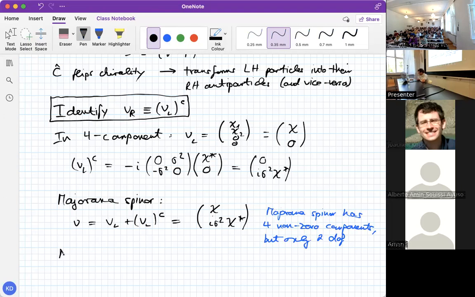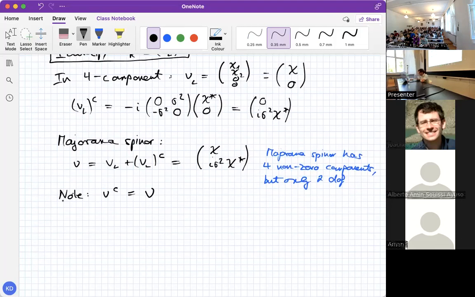And it has the property that when you apply the charge conjugation to this 4-component object, then what you get back is just nu itself. So it is a spinor that is its own conjugate. And that's the formalized way of the statement that when neutrinos are Majorana particles, they are their own antiparticles. That's a statement you often read in the literature.